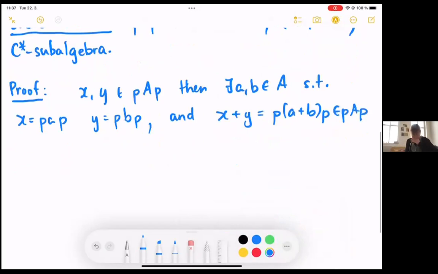And similarly, XY is going to be PAP squared BP, which is actually just PAPBP since P is a projection, and that's certainly in PAP.